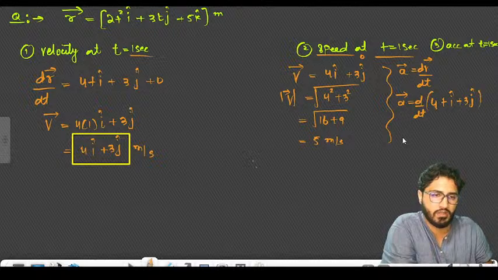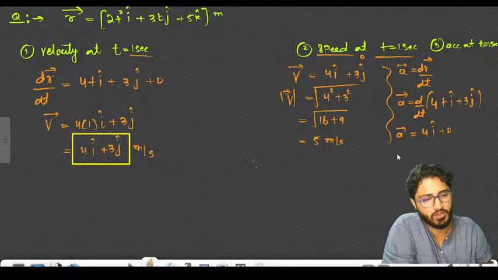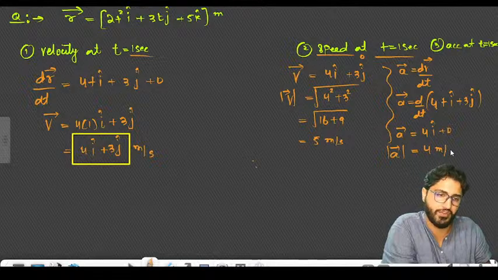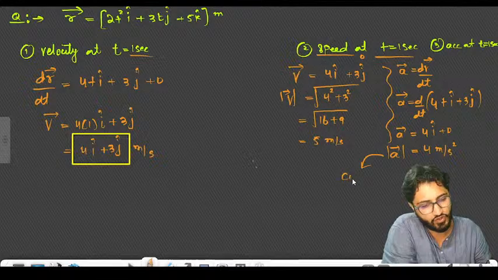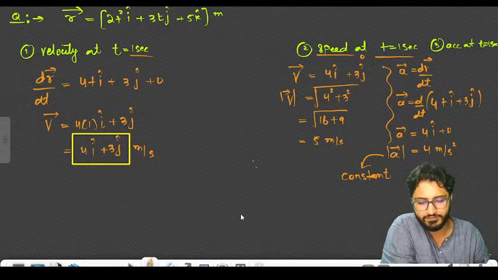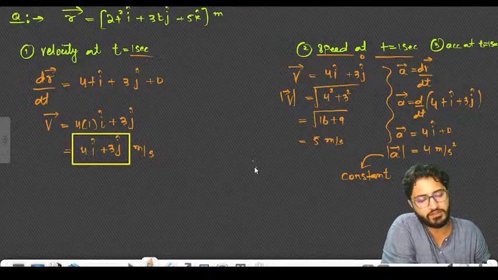So acceleration is equal to only 4 i cap plus 0, so the acceleration is 4 meter per second square. And you can see here acceleration is constant.